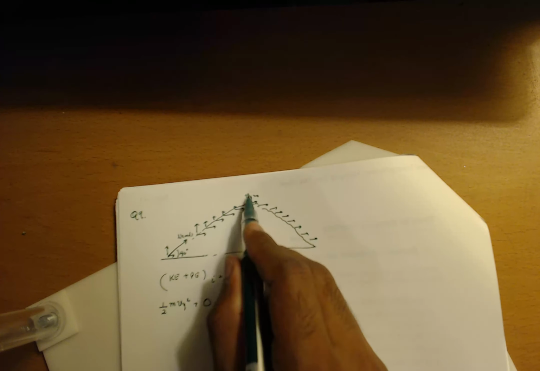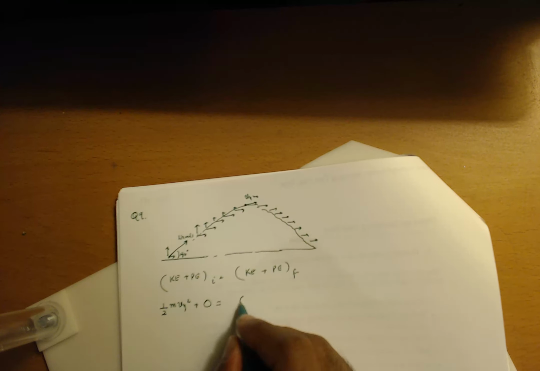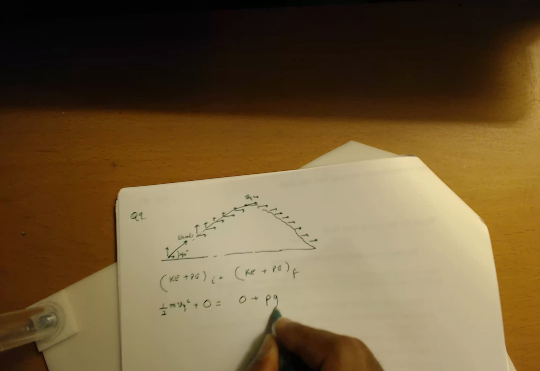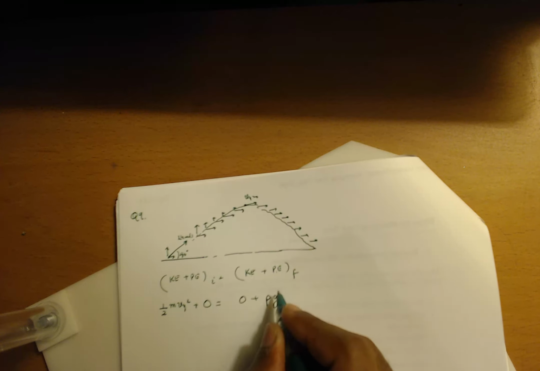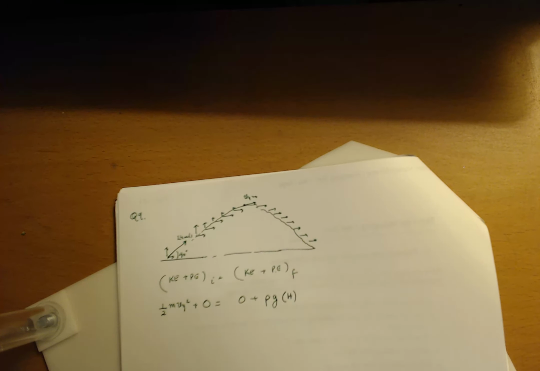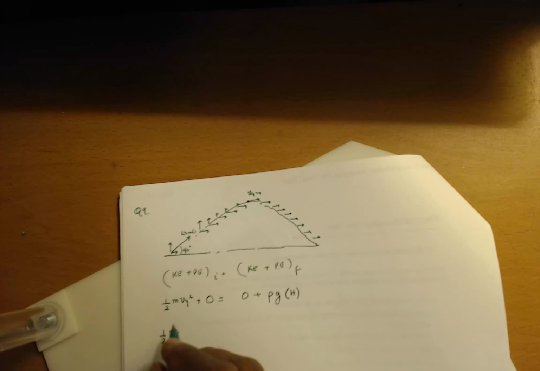Kinetic energy final: the y component of velocity final is 0, so this is going to be 0, plus potential energy final, which is going to be density times g times height. And what is height? Height is what we're looking for, right? It's the maximum height. So now this is going to be half mass. Now this isn't 24 meters per second.